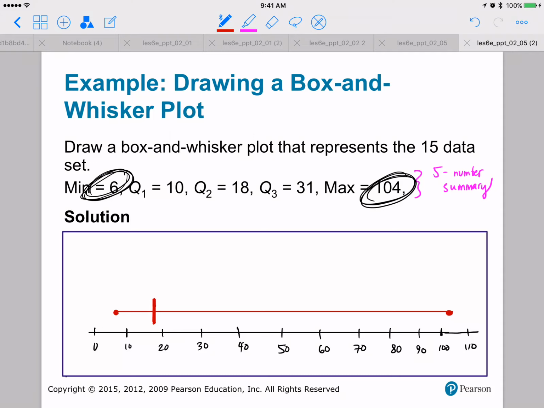Because the median should be a very thick line. That's Q2. Q1 is 10, so I'm going to make a thin line there. Q3 is 31, so I'm going to make a thin line there. Okay, and now I'm going to make these meet. Okay, so let me even this up now.